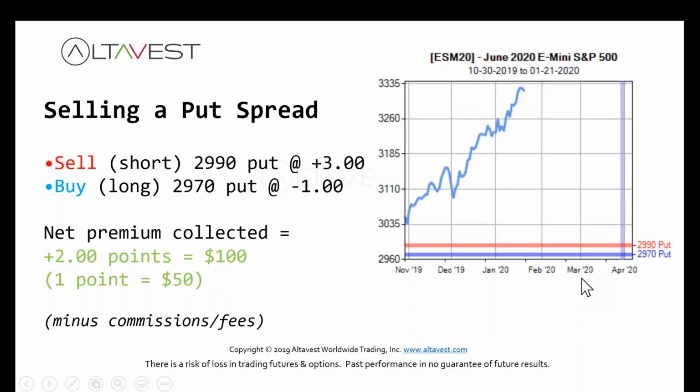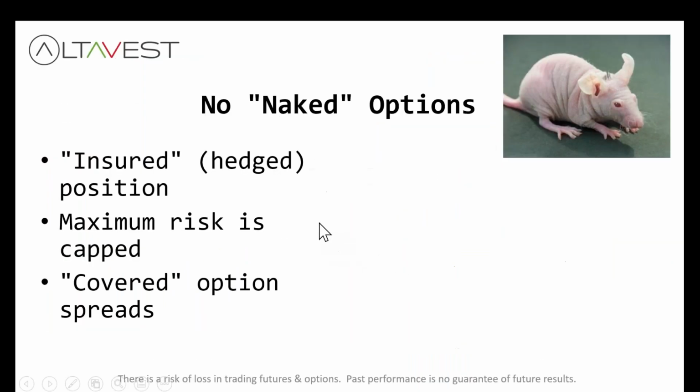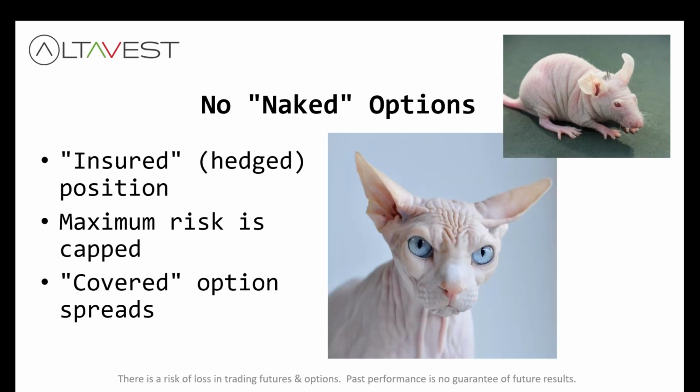And then here's selling a put spread. You sell the 29.90 at 3, you collect that, but you pay out a point for the 29.70. The net result is that $100 difference. Now remember, these are not naked options, so they're all covered or insured. Your maximum risk is capped. So no naked options or cats or mice.